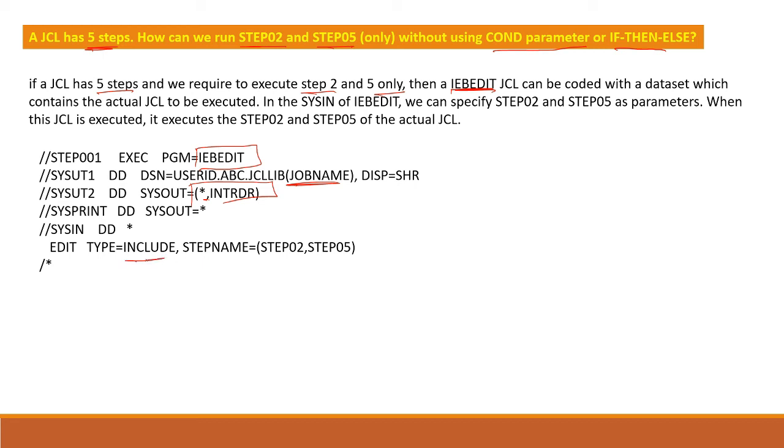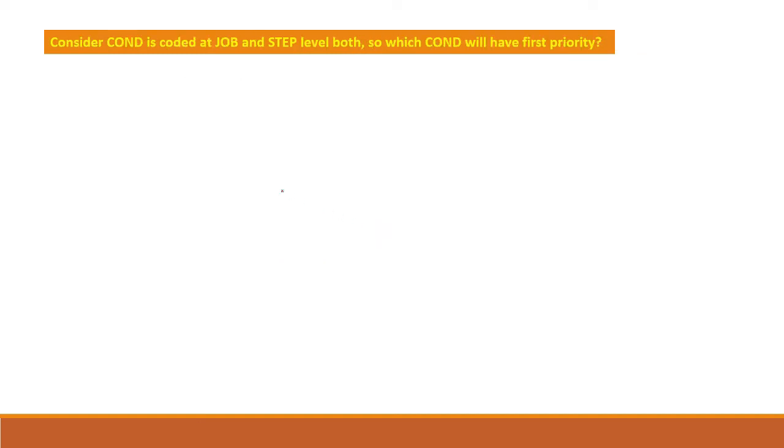In this we are including these steps, step 02 and step 05. So it will execute step 02 and step 05. If we do not want to run step 2 and step 5, then you can give EXCLUDE. You can give EXCLUDE if you do not want to run these two specific steps but you want to run the other steps.